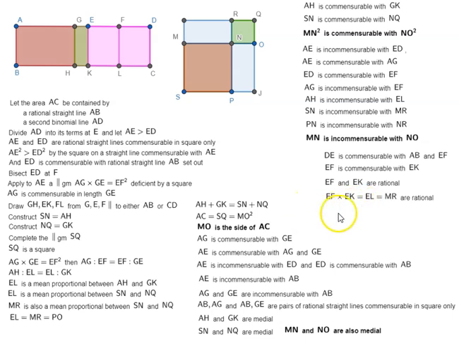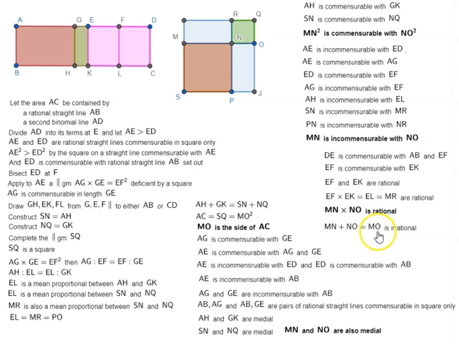Now EF by EK is equal to EL, which is equal to MR. So which means MR and EL both are rational. So which means MN by NO, the rectangle contained by MN and NO, is rational.